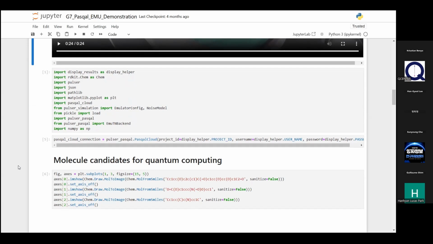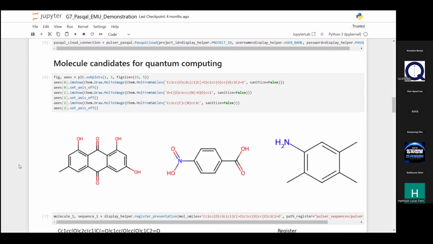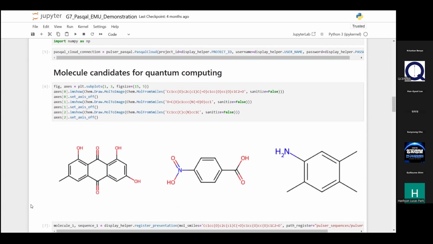For this reason, for this very, very quick experiment, we have selected 3 different molecules as candidates from the lab rat toxicity experiments dataset that contains, I think, almost 25,000 different molecules investigated.